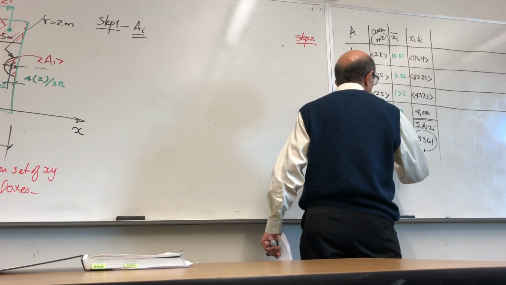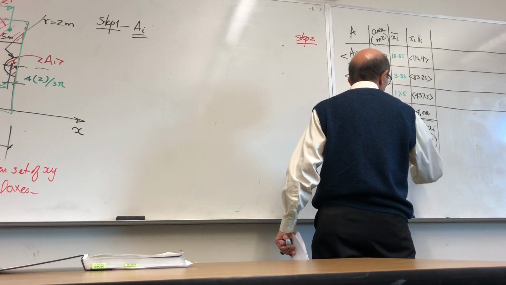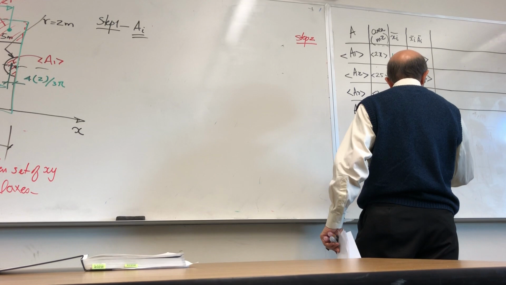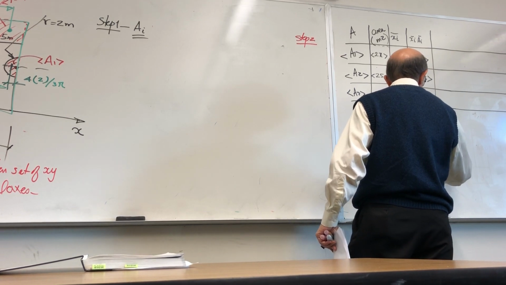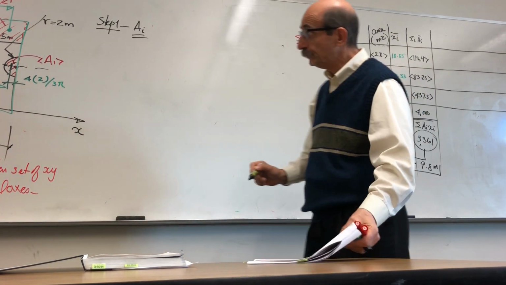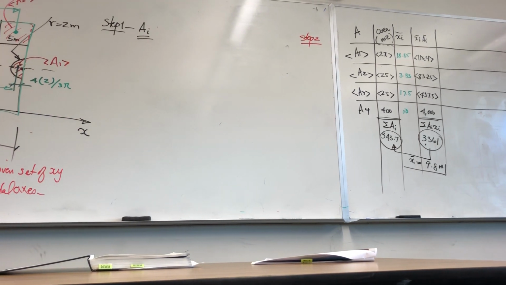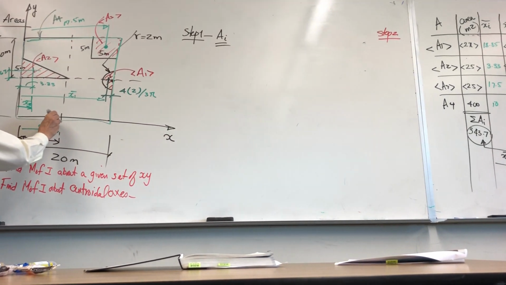If you divide this by the summation of Ai, it will give you x bar for this shape, which comes out to be 9.8 meter.